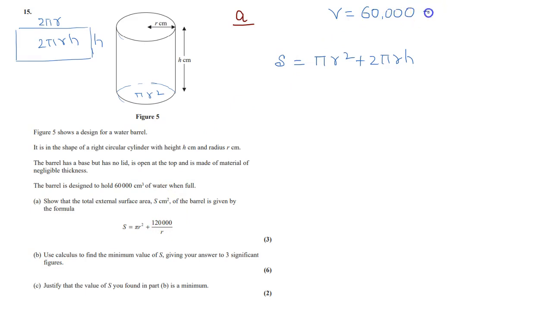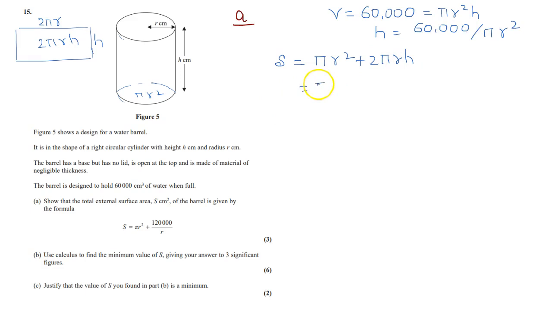So let's try to find the value of h. The volume of a right circular cylinder is pi r square h. So h will be 60,000 over pi r square. We put this value of h here.